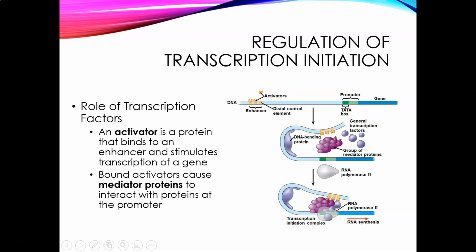Now, the binding of those activators is aided by mediator proteins that interact with the proteins at the promoter region. So we get these general transcription factors. We also get this DNA binding protein that comes into play here, your RNA polymerase, and then those activators.